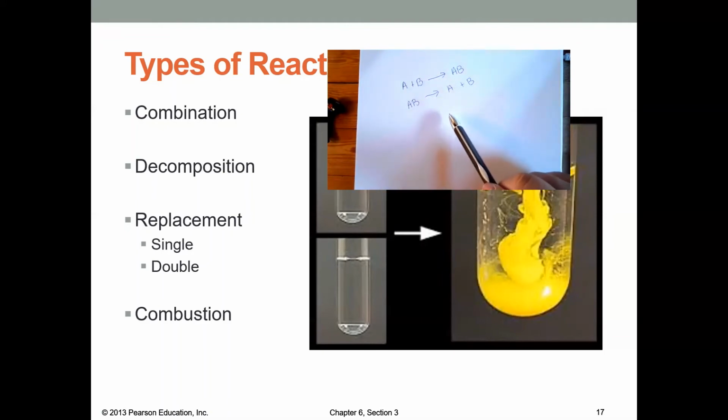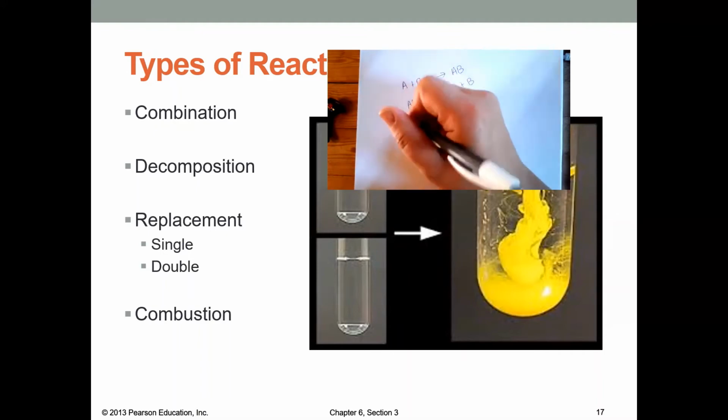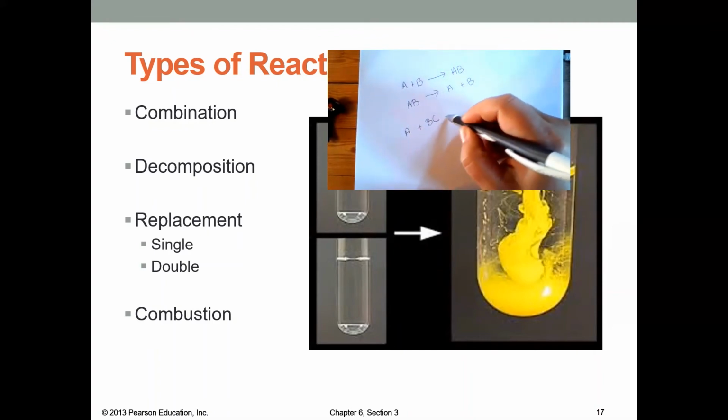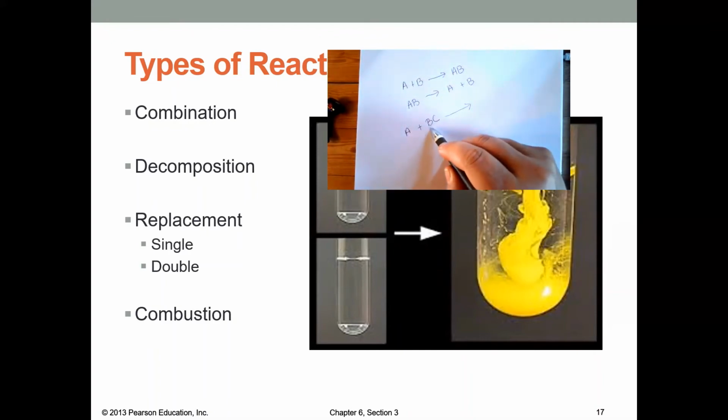Then we have our cool replacement reactions. These we really see a lot when we talk about organic chemistry too, but they involve, realistically, ionic bonds. So we're going to talk about single replacement and double replacement reactions. In a single replacement, one thing, element A, is going to replace an ion of the first.